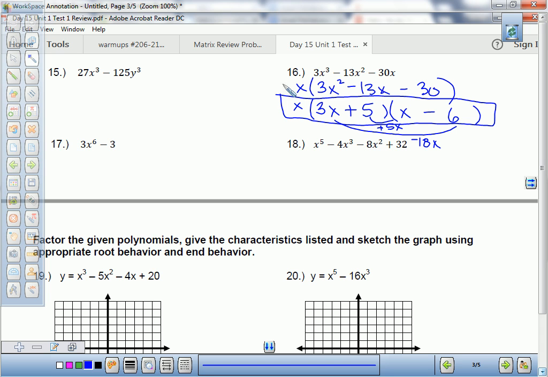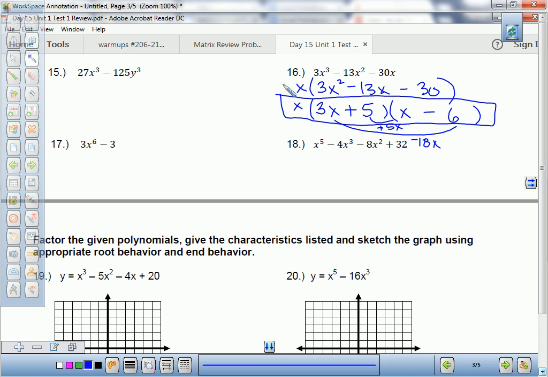Now I want to end up with a negative 13. If I put a negative 6 right here, that is negative 18, and a positive 5 right here. If we multiply them, it gives us 90 if we term split, and if we add them, it gives us negative 13.